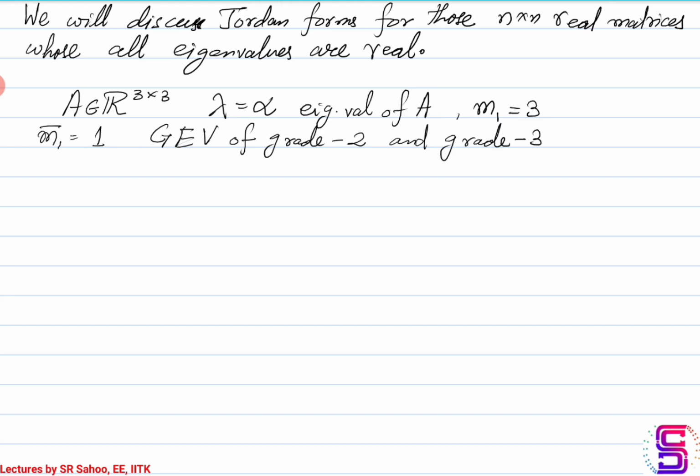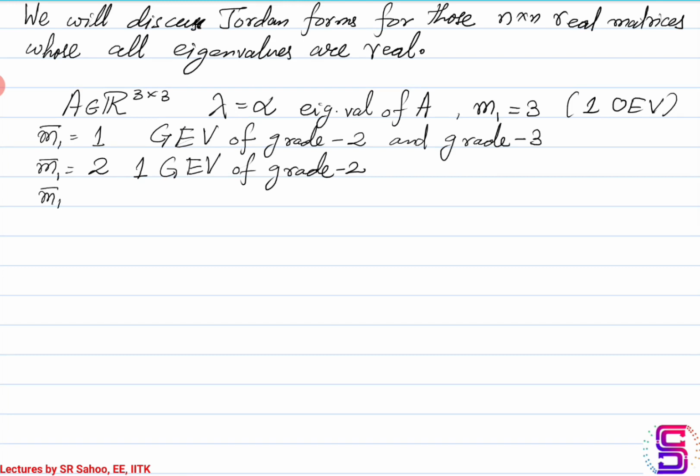Okay, so this indicates that you have one OEB. When m1 bar is 2, we have one GV of grade 2, which can come from either of the ordinary eigenvectors or possibly a linear combination of the ordinary eigenvectors as well.